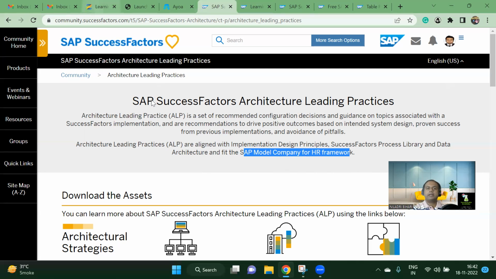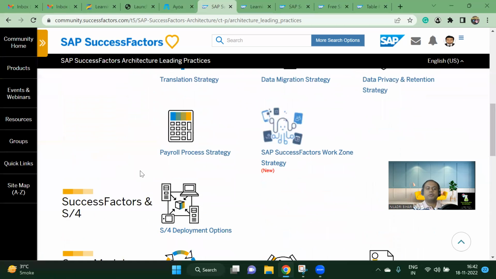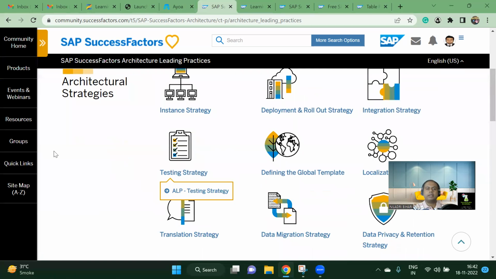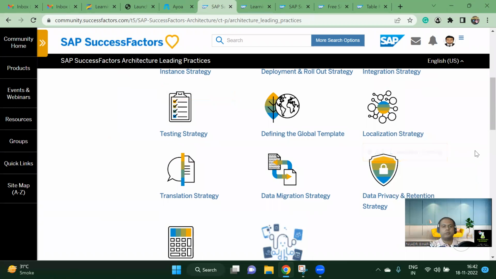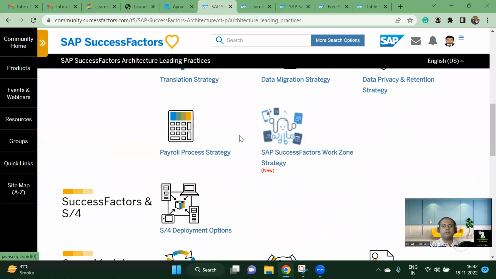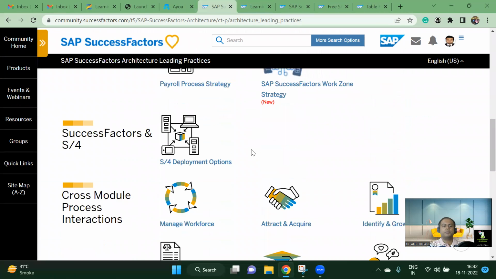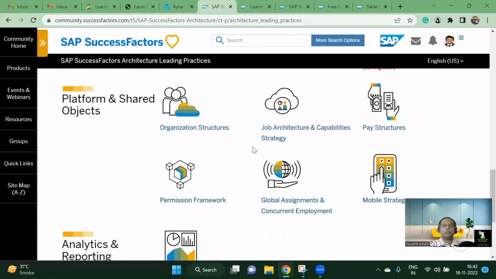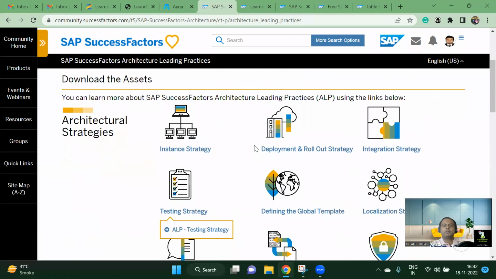From a strategy point of view, there are various documents like the instance strategy, deployment strategy, and integration strategy. All the strategy documents are essential for your understanding from a design principles point of view. So in every session, we will try to cover at least one document.